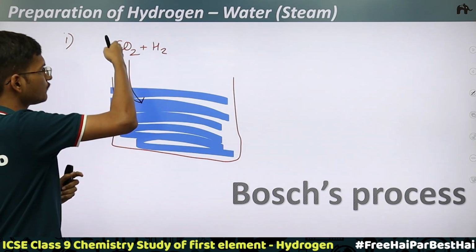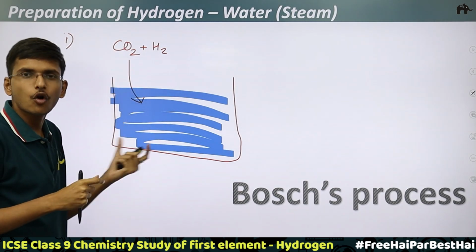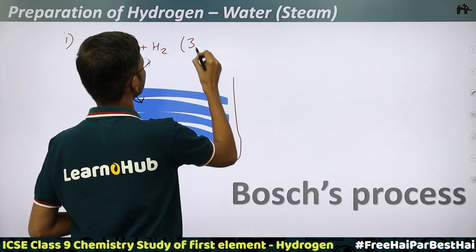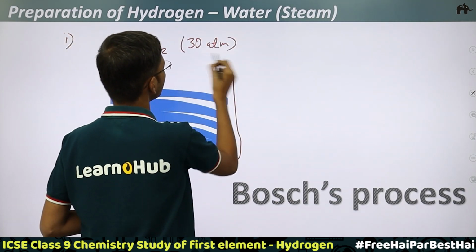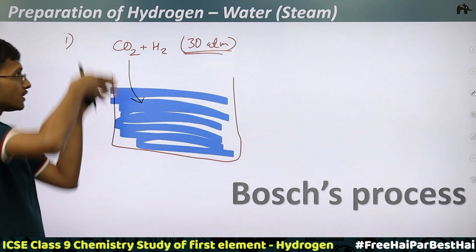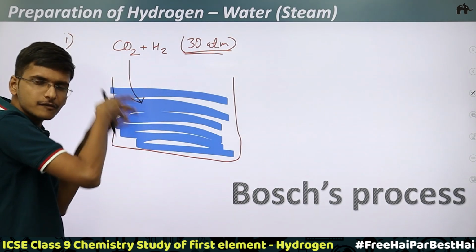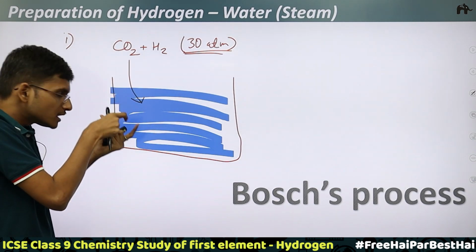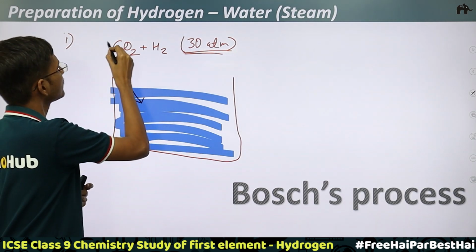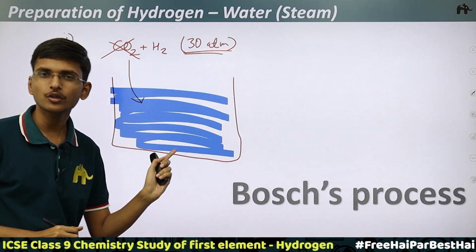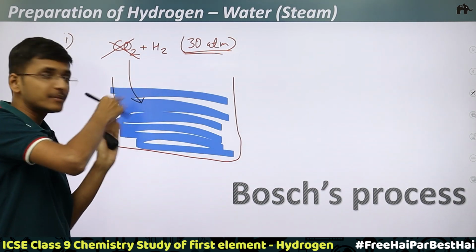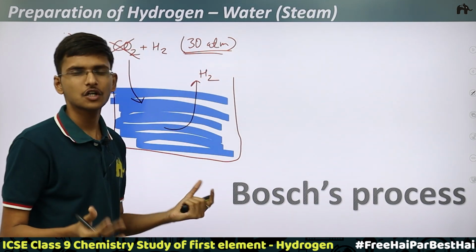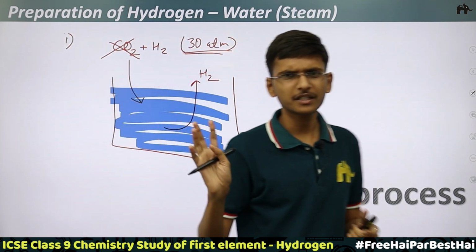When I pass this mixture into this water under high pressure, almost 30 atmosphere, the mixture is forced into the water, and the carbon dioxide dissolves in the water. What remains is simply hydrogen. So carbon dioxide gets eliminated by this method.